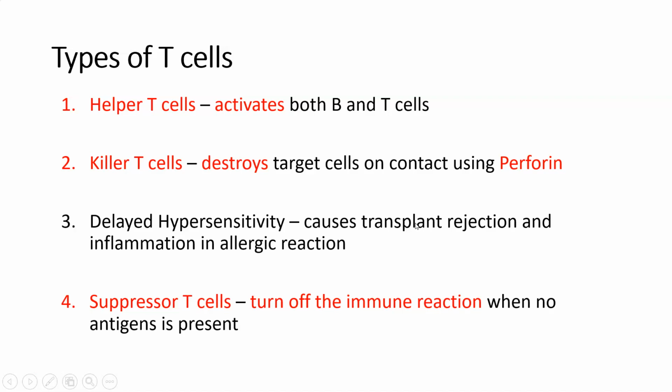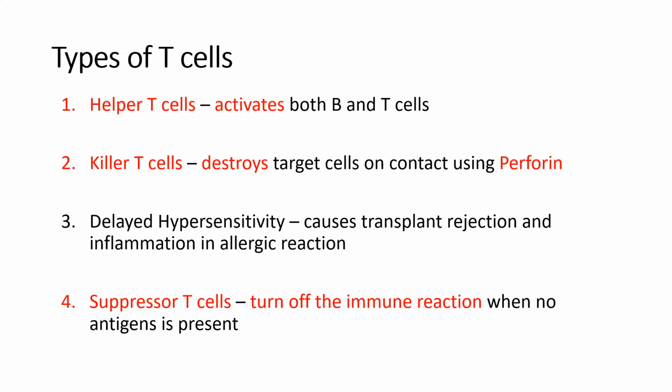The T cells are also involved in transplant rejection, so they provide resistance to any foreign cells entering the body. Unfortunately, that also includes transplanted organs such as kidneys and so on. The third type of cell that we're going to be focusing on are the suppressor T cells.